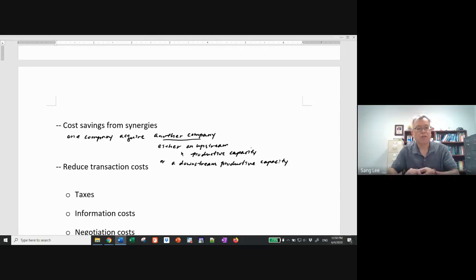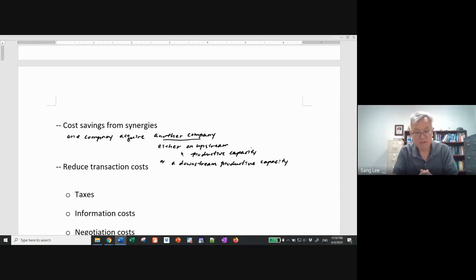So one company is adding another upstream division by taking over an input producing company, or one company is expanding its supply chain toward the downstream by taking over a chain of retailers.